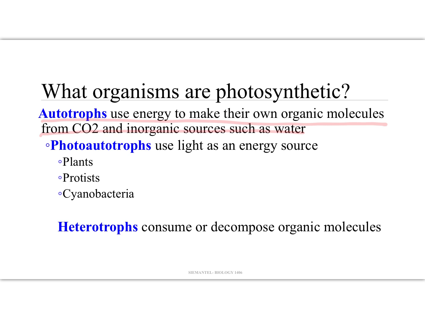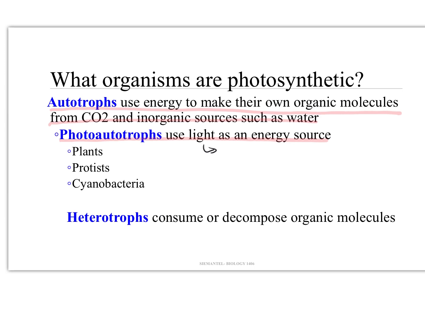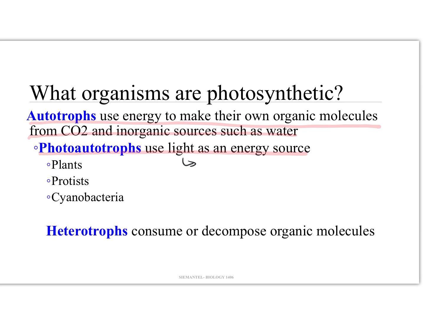Now, photoautotrophs specifically use light energy as their source, so we can also say solar. Examples of photoautotrophs are plants, protists, and cyanobacteria.